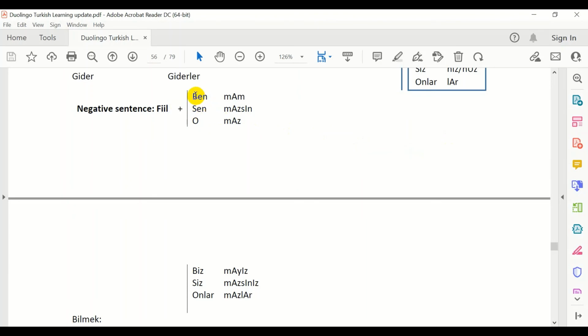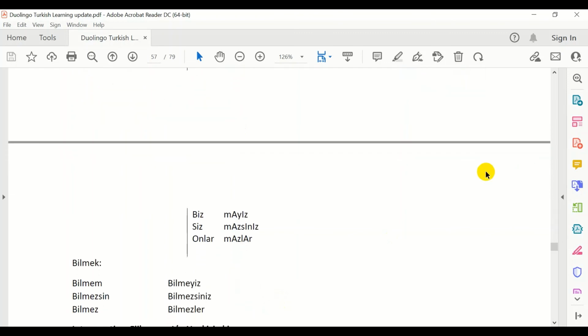For ben, we use mam or mem after the root or after the verb. For sen, we use maz or mez, sin. For o, maz. Biz, mayız. Siz, mazsınız. Onlar, mazlar. And you know that these capitalized letters get changed considering the two-way vowel harmony.